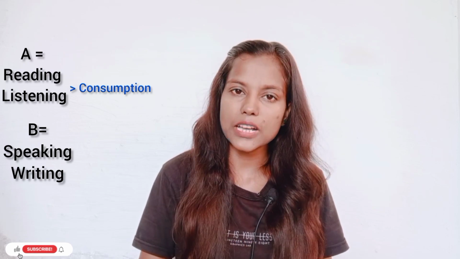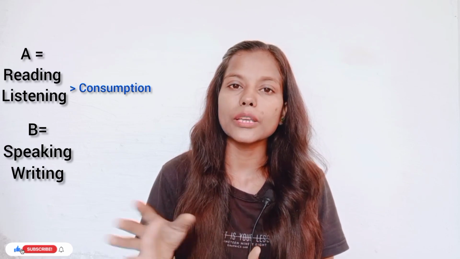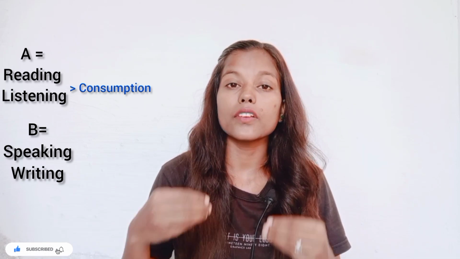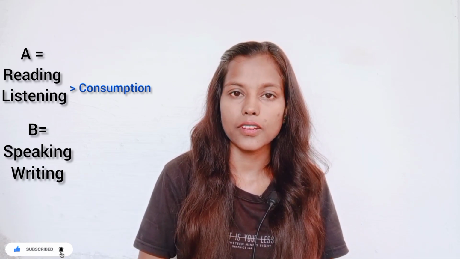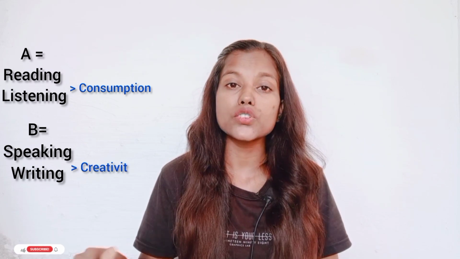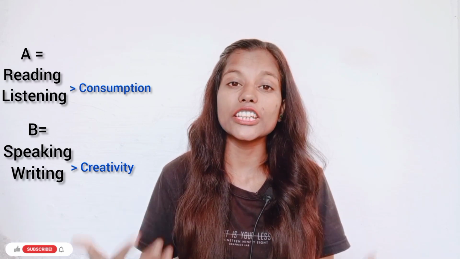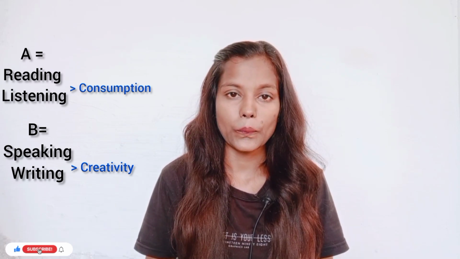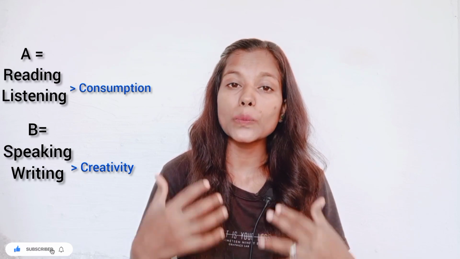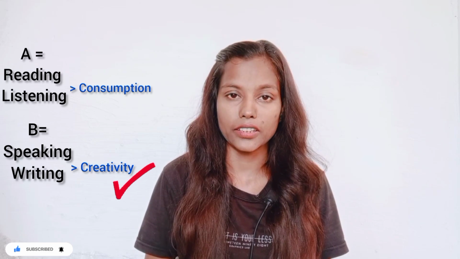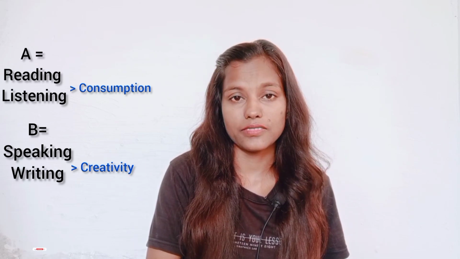Whether you are writing something, your mind immediately gets alert because you are creating something. So speaking and writing, these 2 skills are creation. These 2 skills are creativity. So if you want to speak English fluently, we must focus on creativity rather than consumption, right?